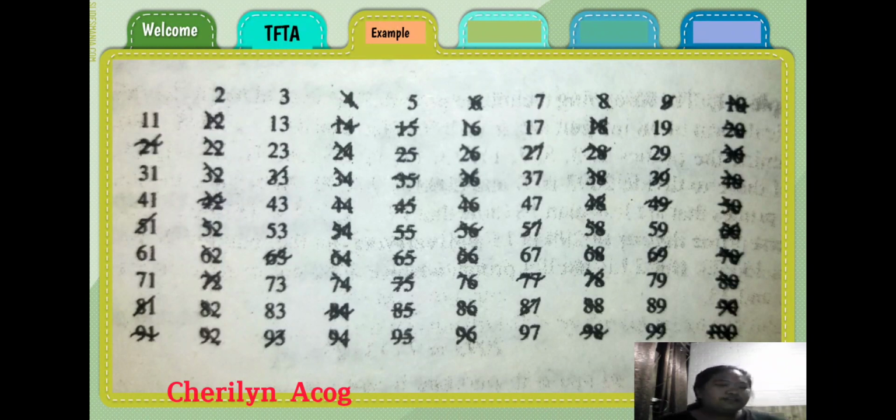So those numbers that did not escape are all the prime numbers less than 100.